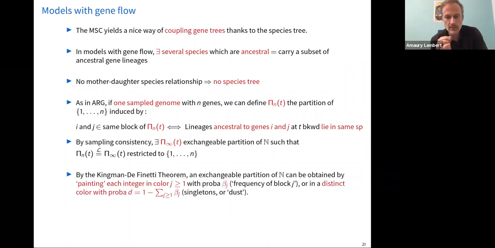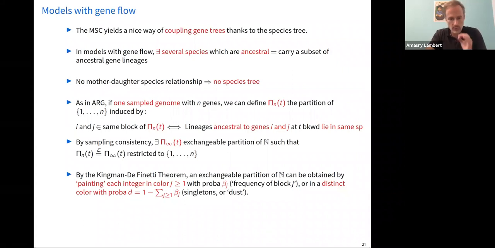And so what is nice is that exchangeable partitions have a general representation due to the Kingman theorem, saying that they have what is called block frequencies, the beta_j's, which form a subprobability. Okay, so the beta_j's, beta_1, beta_2, beta_3, etc., are positive real numbers that are summable, but the sum is smaller than or equal to 1.